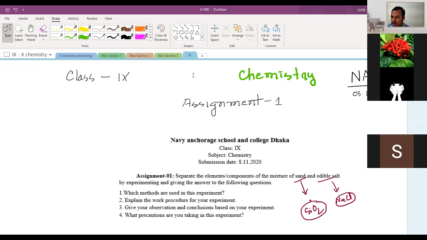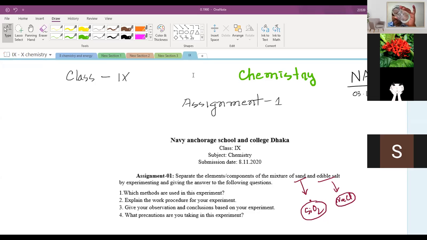This is distillation, or we can say evaporation. So the chemistry terms here are the solubility concept, the filtration concept, and the evaporation or distillation concept.